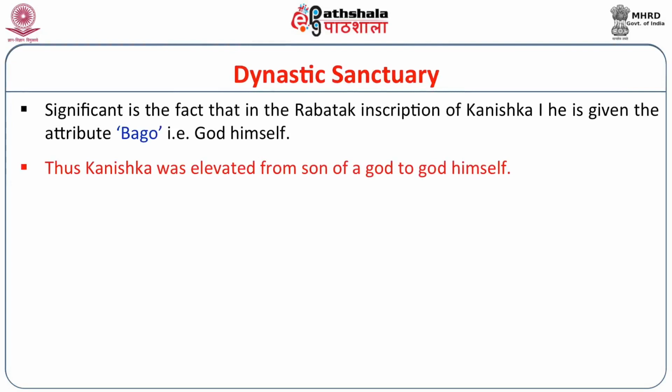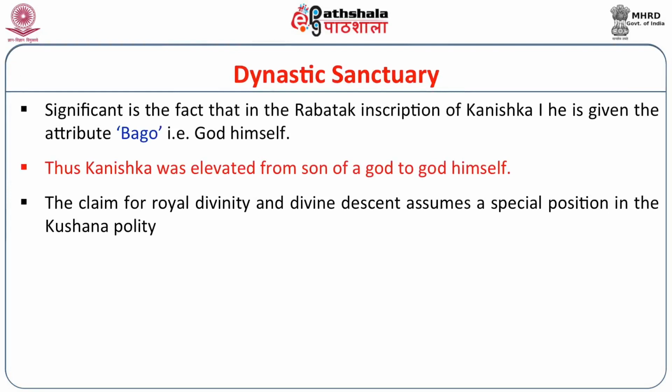So throughout we have seen that the Kushana ruler was known as Devaputra, that is the son of God. He is known as Deva Manusha, God in human form. And suddenly we come to a stage in Kanishka's time that he is considered as God himself. He calls himself Bago. And so the Kushana ruler is elevated from son of a god to God himself.